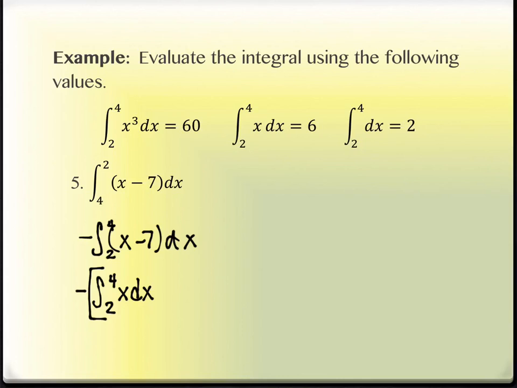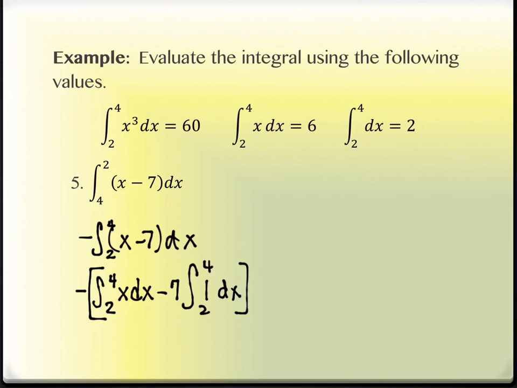And if you wish, you can put the brackets here, and then I can pull the negative 7 out, just like I did with the 8 on the last one, like this. Or if you want to distribute this negative through and make this integral negative and this one positive, you could do that. Doesn't matter. So take your pick. I'll just leave the negative at the beginning.